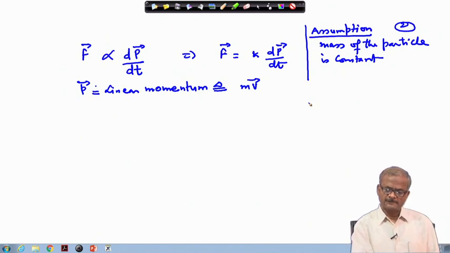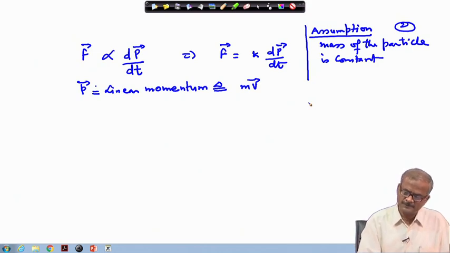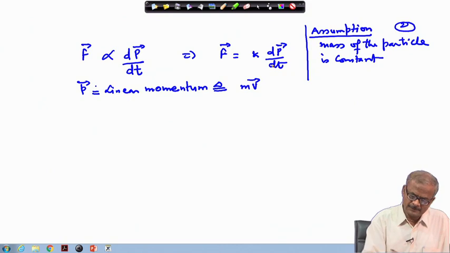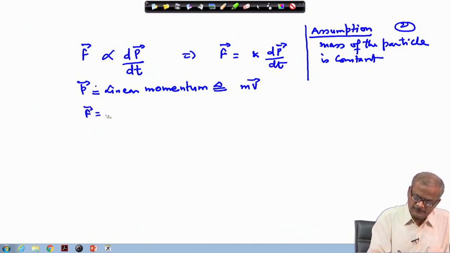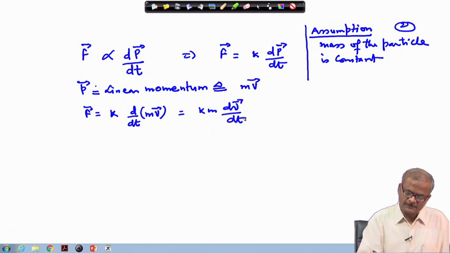So, Newton's law is applicable to a particle, and it so happens that it is then extended to different bodies. Now, if you look into this equation, it can be reduced to k times d by dt of m v, because m is constant. So, this can be written as k m dv by dt. Okay.